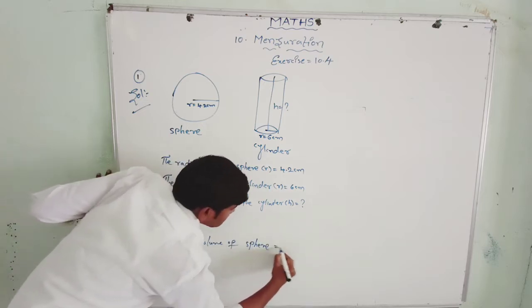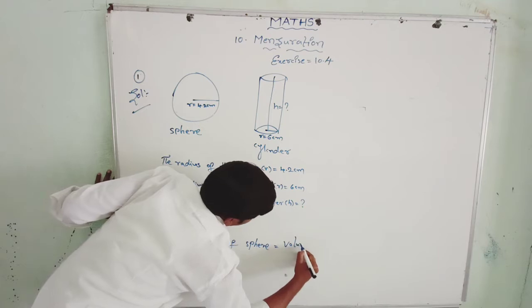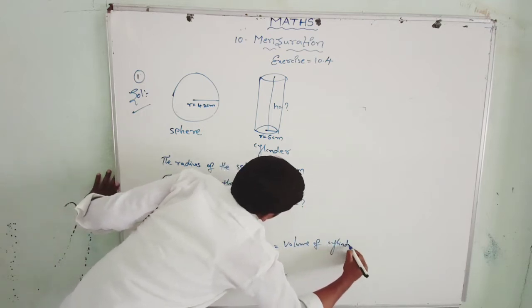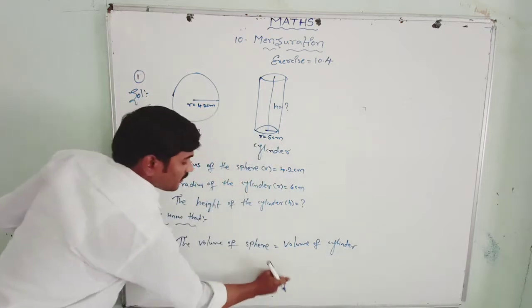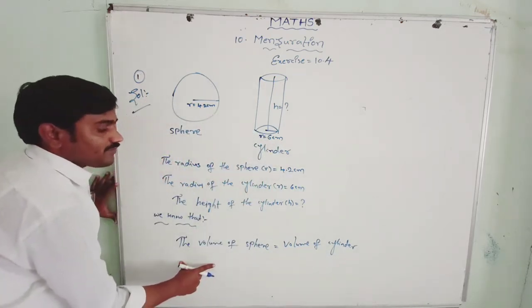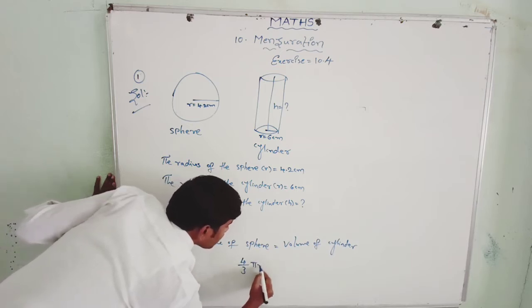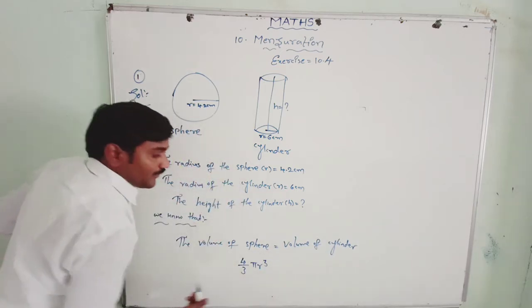The volume of sphere is equal to volume of cylinder. We know the volume of sphere formula: 4/3 pi r cube.